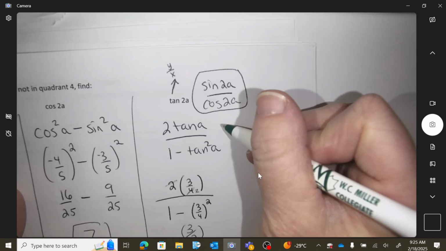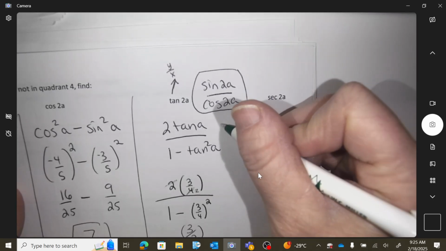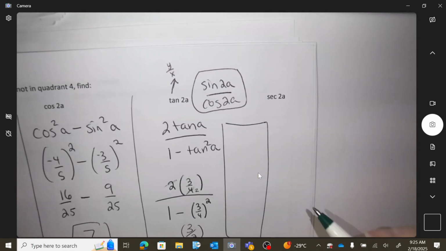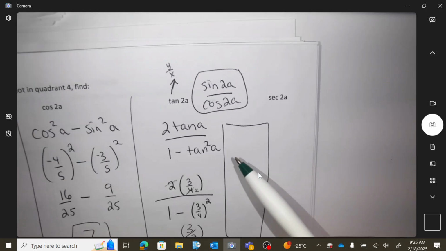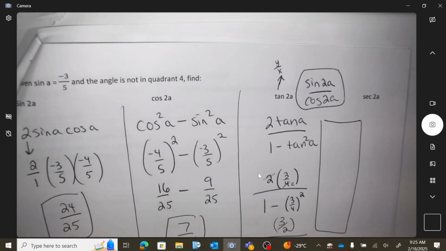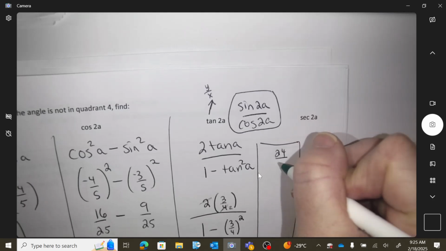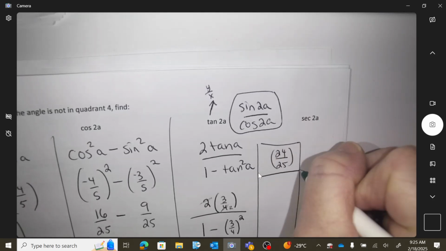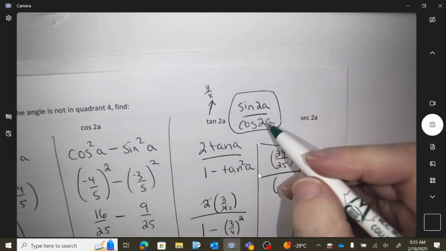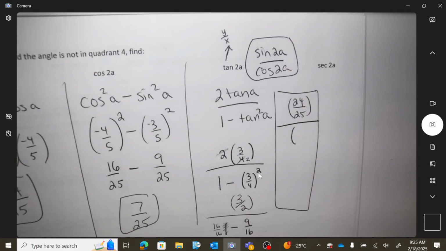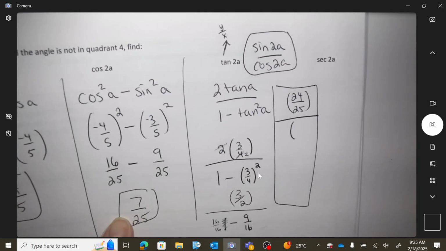Okay, so here I'm just going to write it here. What is sine of doubled angle? So that's 24 over 25. And what was the cos double angle? That was our second question.